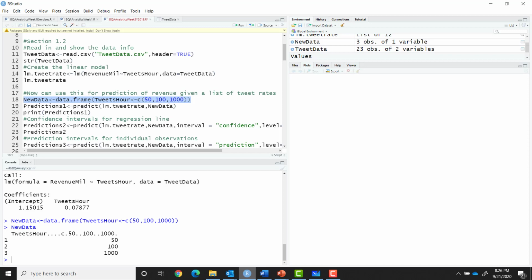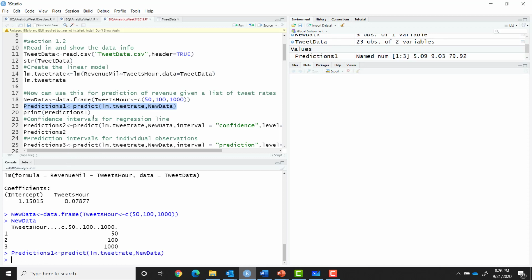Now we're going to predict. We have our tweet rates per hour, and the predict function takes the model and the new data and makes some predictions. So let's print what these predictions are.